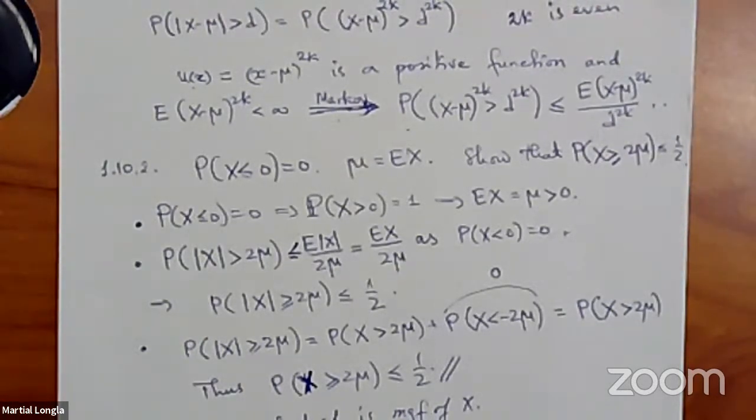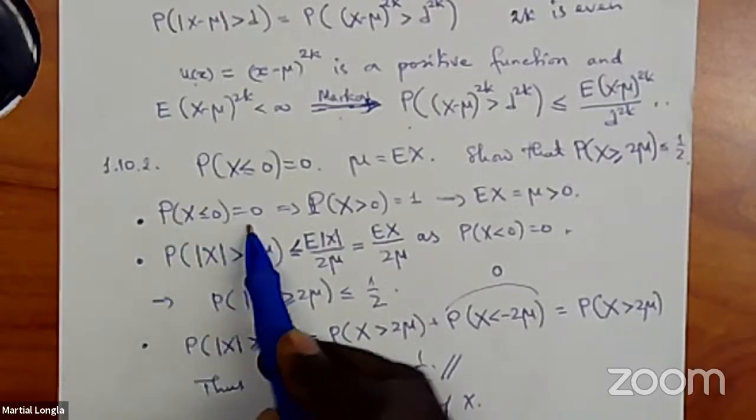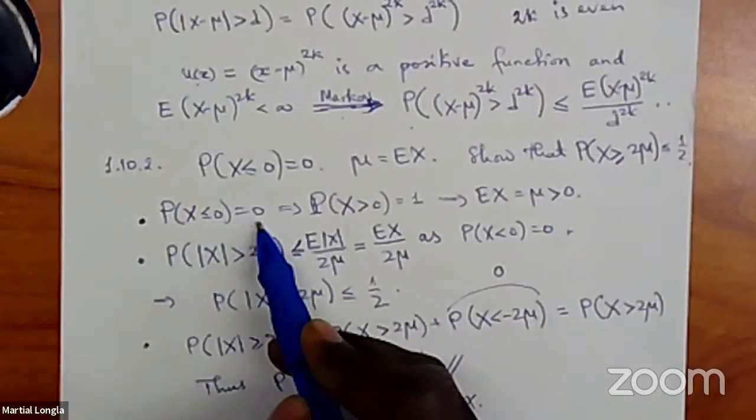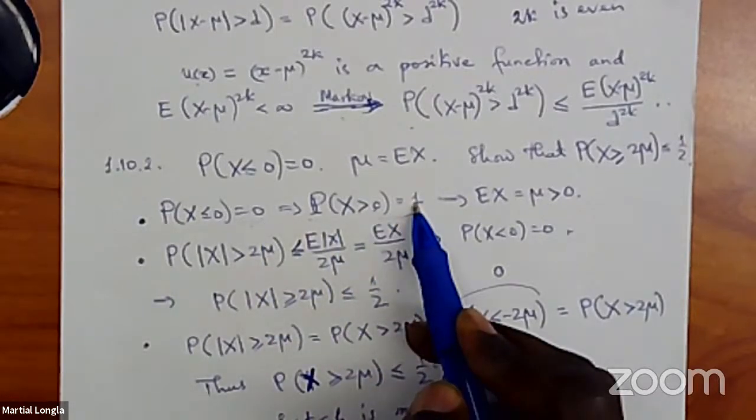Otherwise, there's no way you are using the Markov inequality with mu. And second, you need to make sure you know that there is no value of the random variable below 0, because the probability that x less than 0 is 0, so the probability that x is larger than 0 is 1.